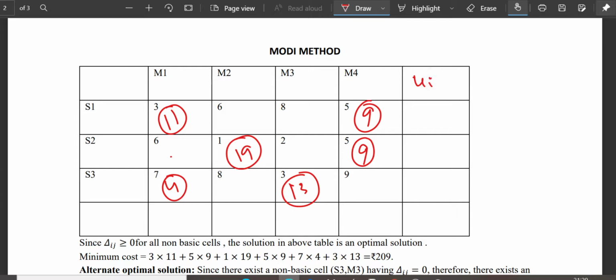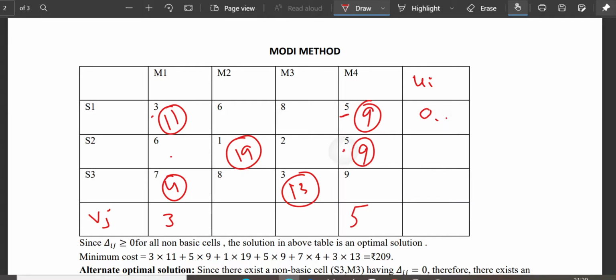For that, I will first calculate ui and vj. Make 0 anywhere. Suppose I make my 0 here. Now, you all know how to calculate ui and vj. This is the Cij, this is the ui. So 3 minus 0, the corresponding vj is calculated here, right? Come to this 5, 5 minus 0, 5, right?